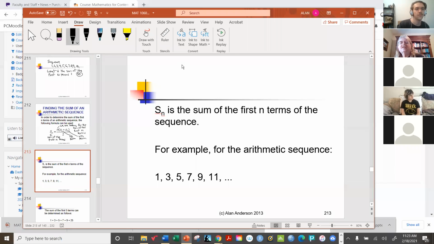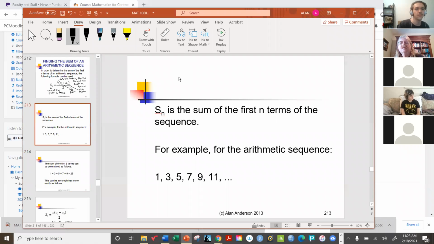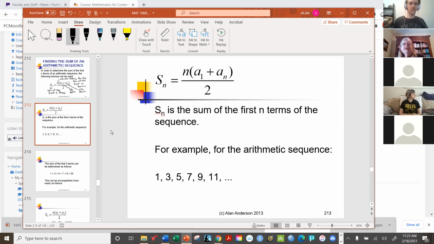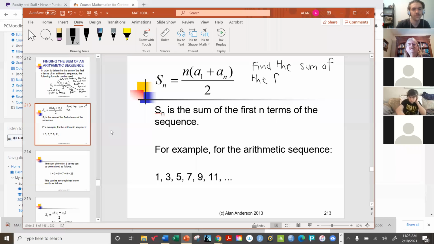So anyway, here's our arithmetic sequence. Why don't we do this? Using our formula, let's find the sum of the first 5 terms.